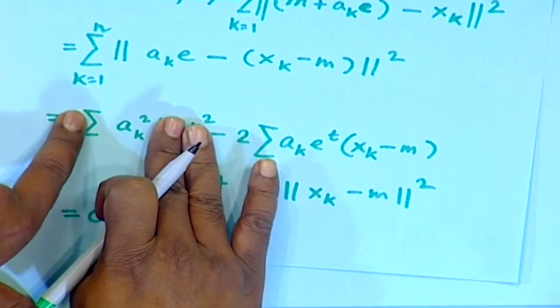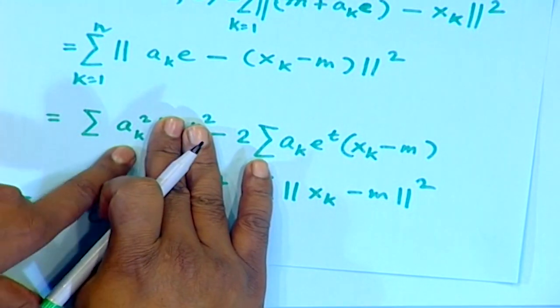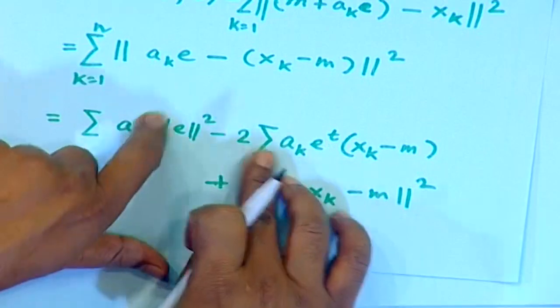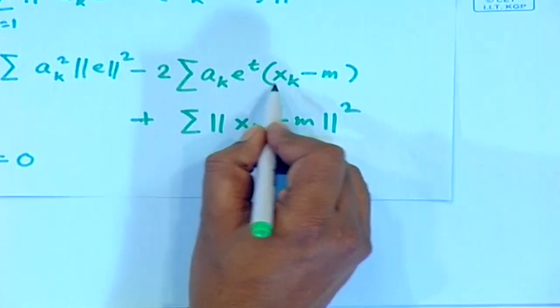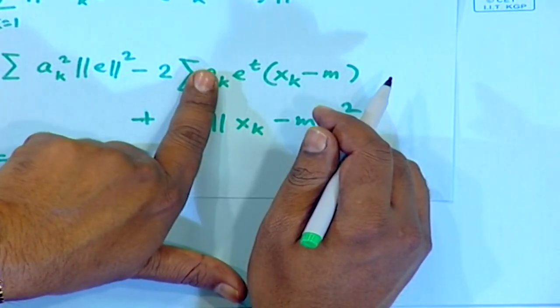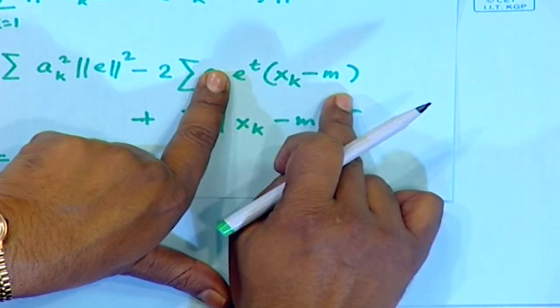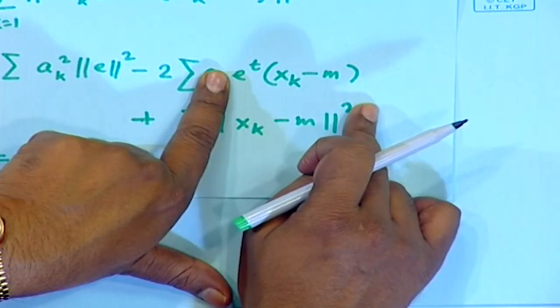So, effectively what I have is summation of a_k square. Take the differentiation, that becomes 2 times a_k. Then, because it is a_k into E transpose (x_k minus m), if I differentiate with respect to a, I am left with simply E transpose (x_k minus m).